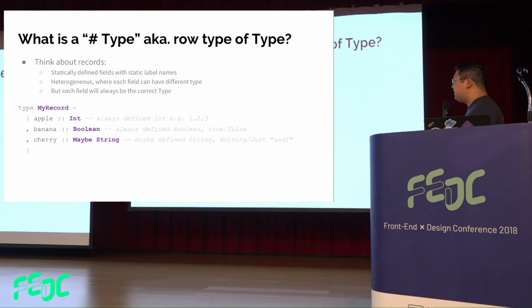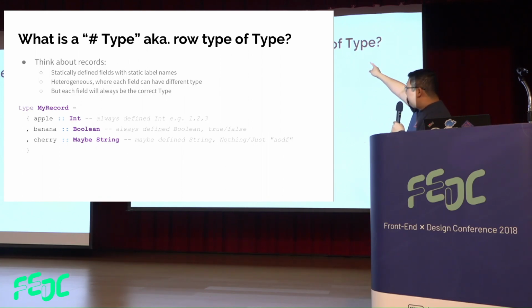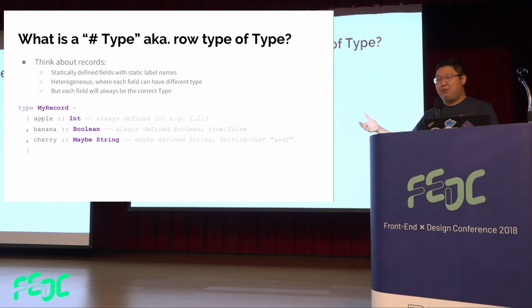But in PureScript, it's actually a data type that's parameterized, and you can work with it as a parameter of record. So a record has statically defined fields where you have static label names, so you know that at that label you will always have whatever type you associate with it. It's heterogeneous, right? It's not a hash map. You can say that a specific label has an int or a specific label has a string.